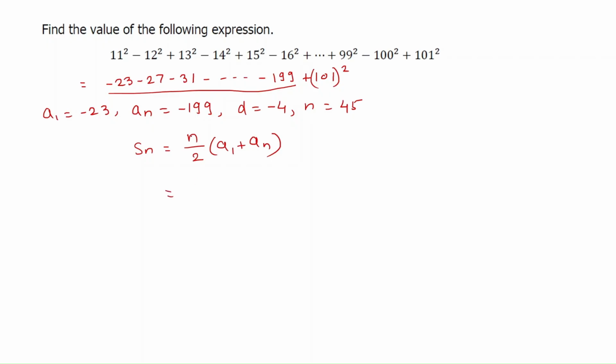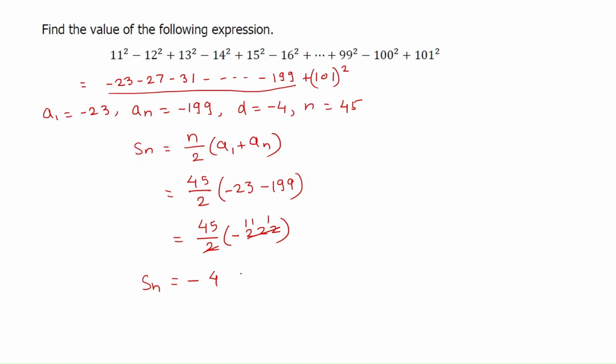It will be n is 45 divided by 2, a1 is minus 23, an is minus 199, equal to 45 upon 2 into minus 222, right? So this will simplify. Now we have to multiply this. The answer will be Sn equal to minus 4995.